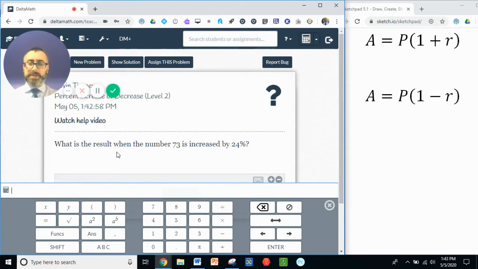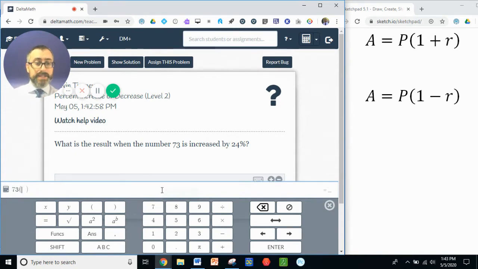What is the result when the number 73 is increased by 24%? We can do that. This time we'll use the increasing version of the formula, the growth version. The procedure is basically the same though. I'm solving for A, and that's going to equal the P, the principal, the starting amount. I'm starting with 73.